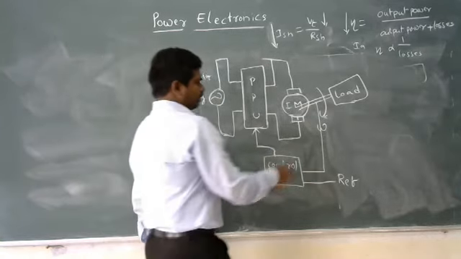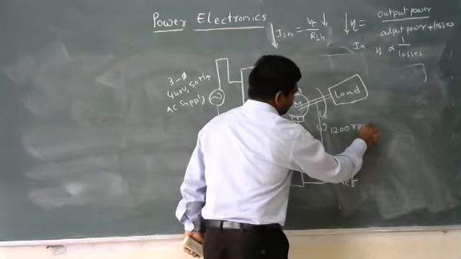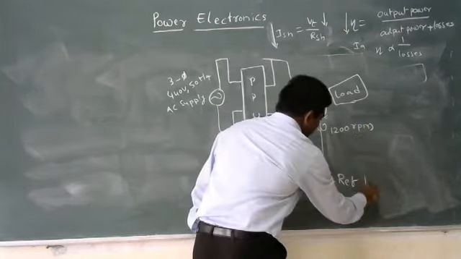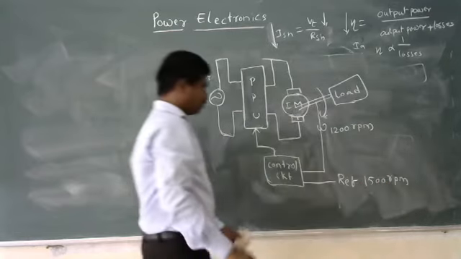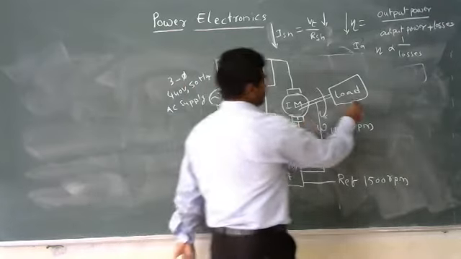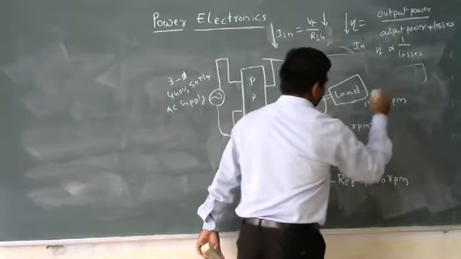Suppose our motor is running at 1200 RPM, but the reference is 1500 RPM, which means the load requirement is 1500 RPM. Very simple.